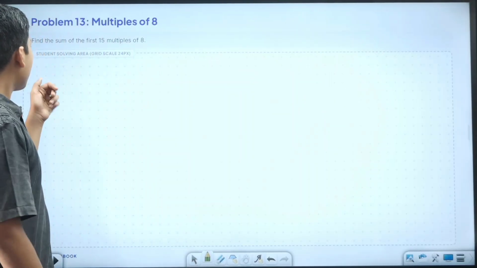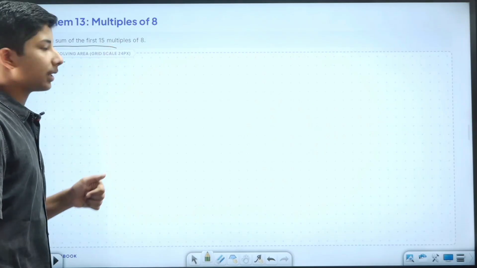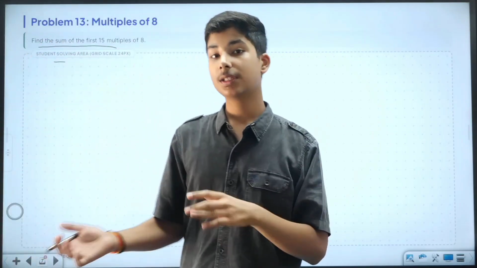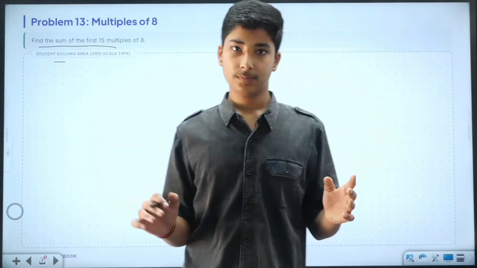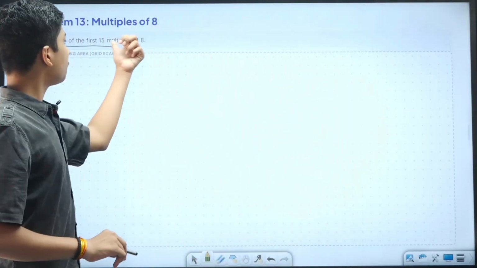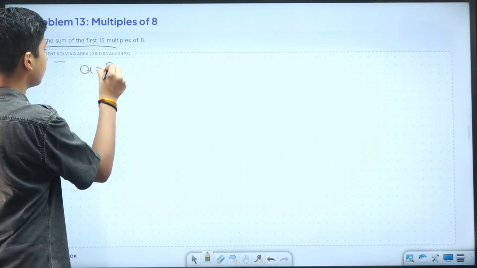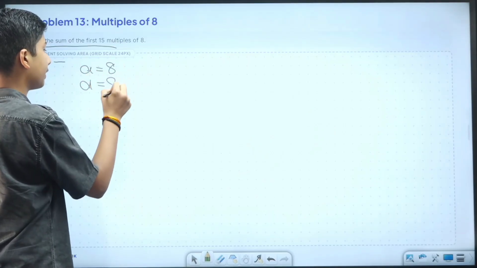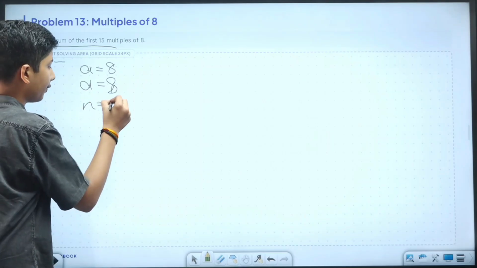Now here, next question. Find the sum of first 15 multiples. See, numbers divisible or multiples mean the same. So 15 multiples of 8, again the same thing. First term will be 8, difference will be 8, and then n equal to 15.